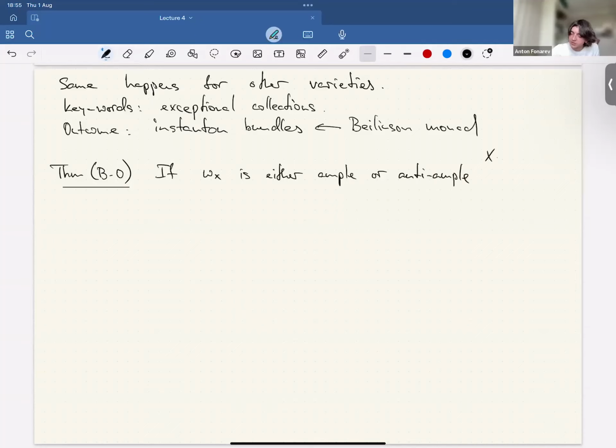Again, X is smooth projective. For instance, if you take a high enough power and it gives you an embedding in projective space, and this often happens, if it's either ample or anti-ample, then actually D(X) is a complete invariant of X.